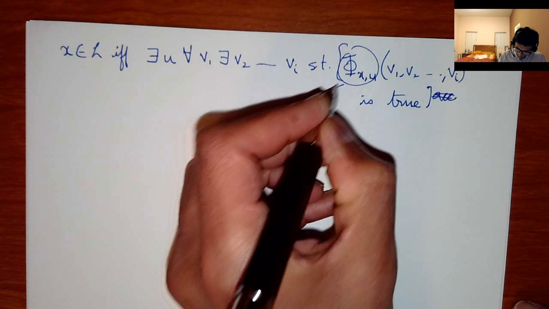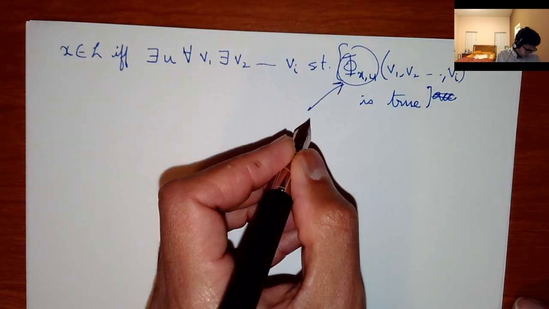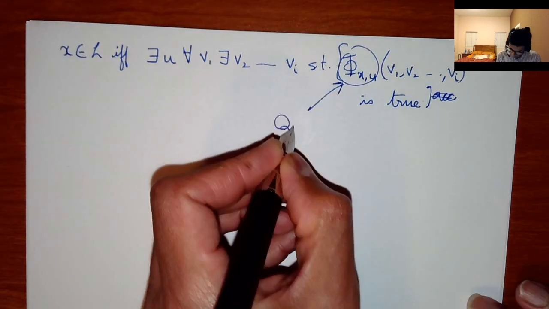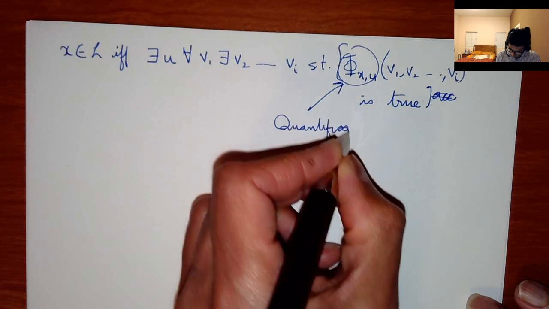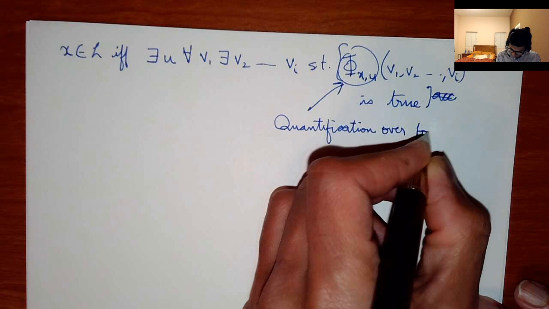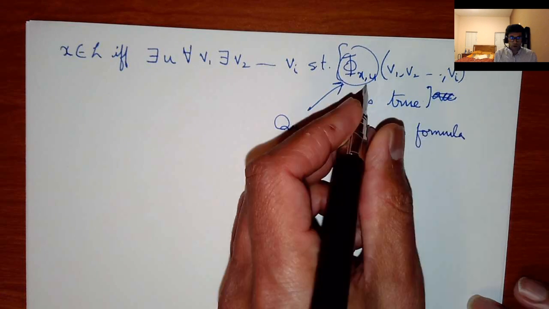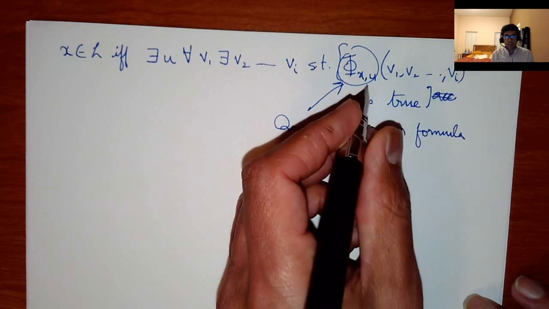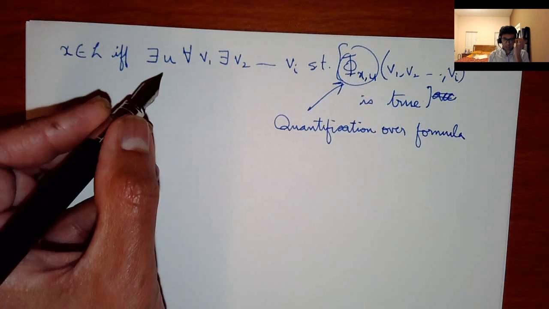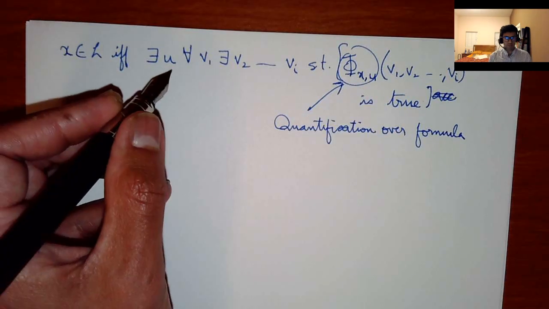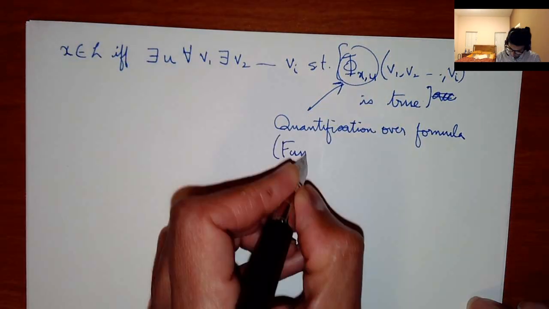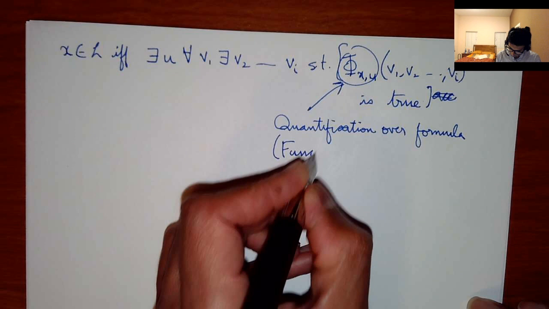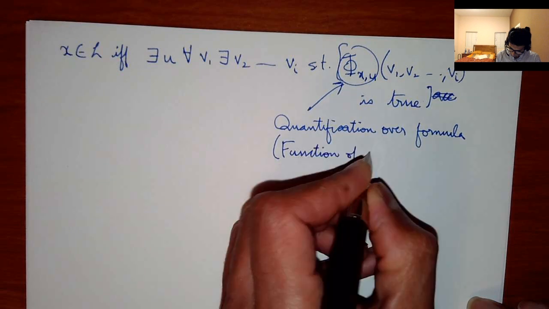This is actually itself, there is a quantification over the formula. I mean, the formula is itself a function. It's some function of x and u, right? It's a function of x and u.